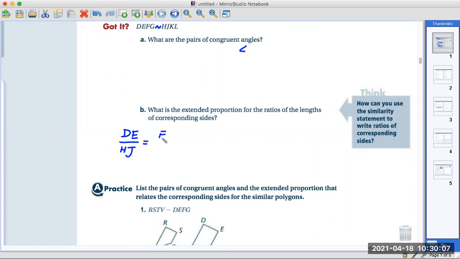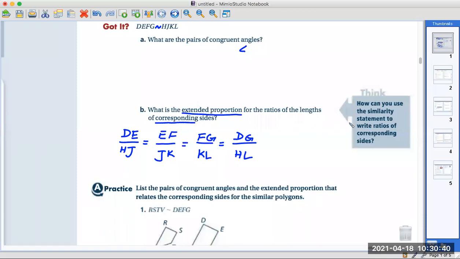EF, I cannot mix and match, over JK equals FG over KL. And then there's one more, you go first and last, DG over HL. So that's called an extended proportion. And these are the corresponding sides.